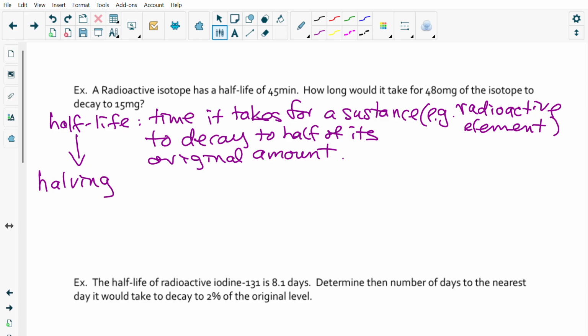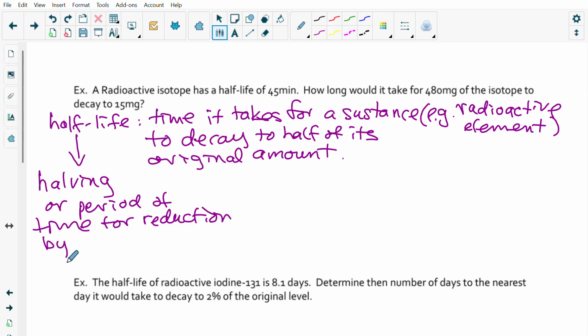How long does it take for a population to reach half of its original value? So when it decays away. Or this is the period of time for reduction by a factor of 1/2.